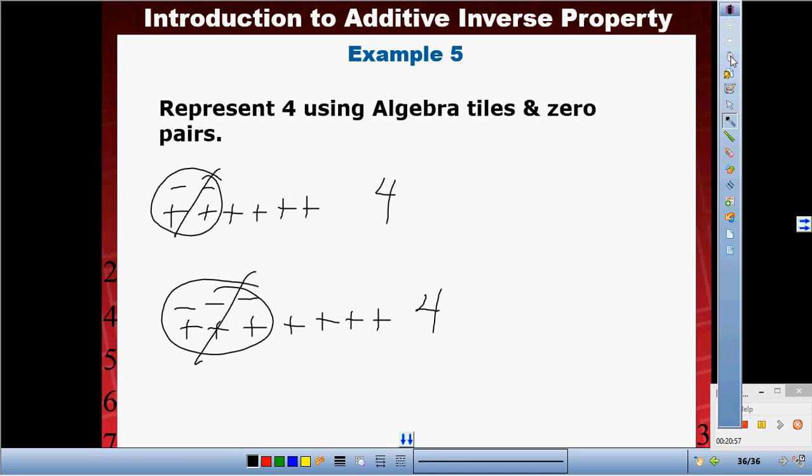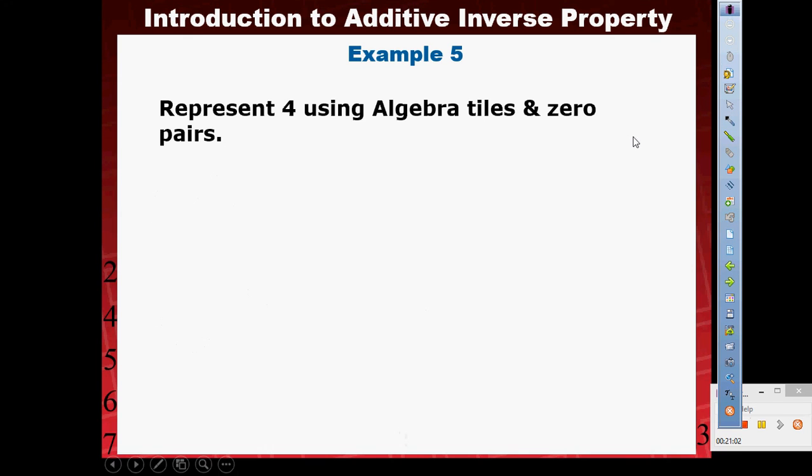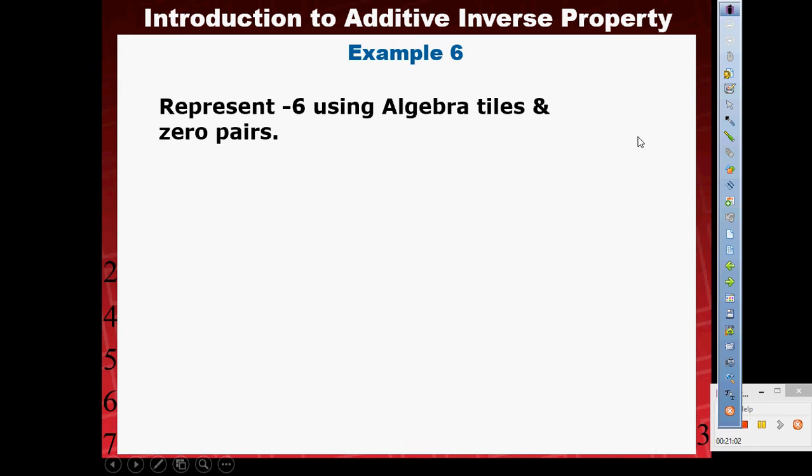Let's do one more of these. And once again, see if you can go a little bit faster without using your tiles now, but just draw me the picture. Number 6, represent negative 6 using algebra tiles and 0 pairs.